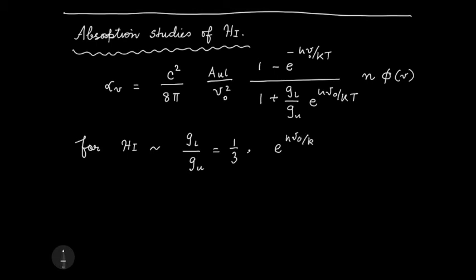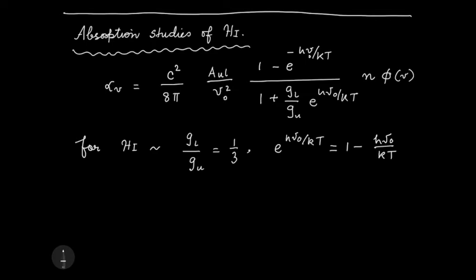For H1, g_l by g_u is 1 by 3 e to the h nu naught by kT. This we approximated to 1, but to be more precise, it is 1 minus h nu naught by kT.